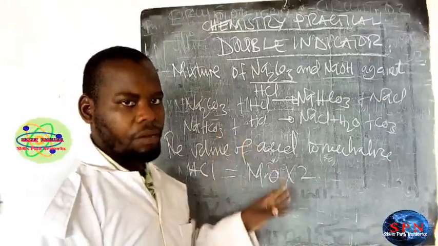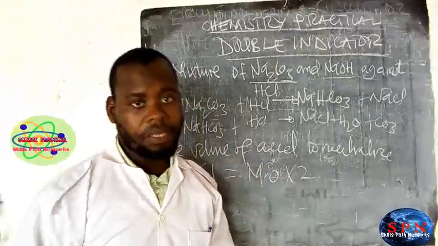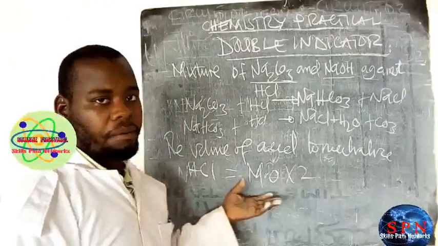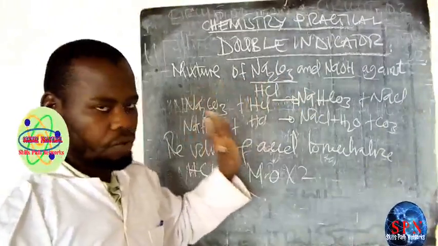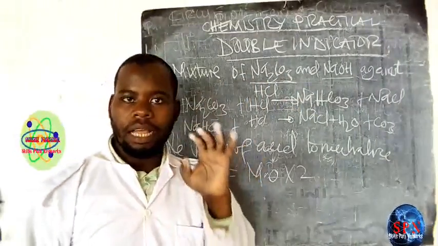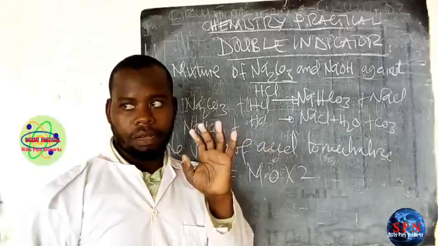That is how to get the volume of acid used under methyl orange, for the mixture against the hydrochloric acid, and not the other double indicator question.